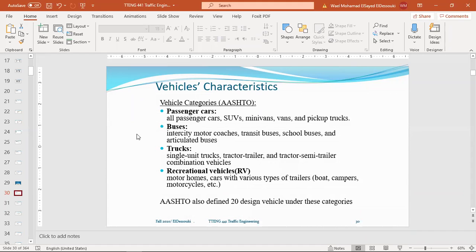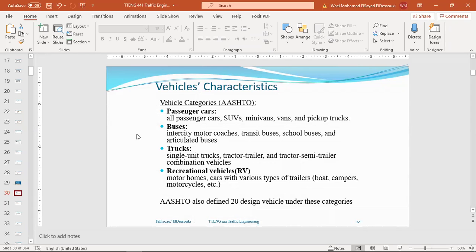A minivan is not considered a bus. Trucks include single unit trucks, tractor trailers, and tractor semi-trailers. But if you are talking about a Ford F-150, this is not a truck. This is an SUV or pickup truck. The criterion here is basically the horsepower per ton.